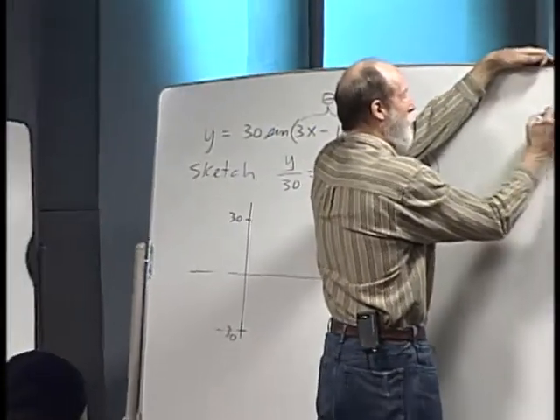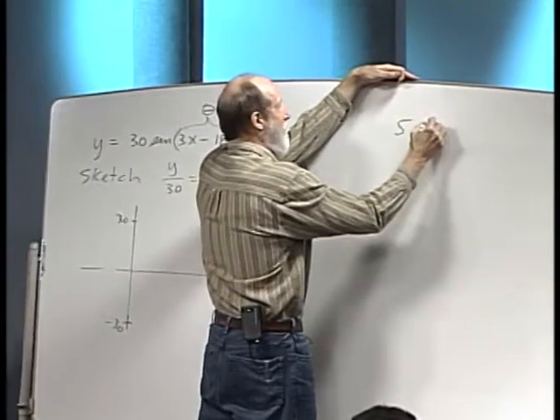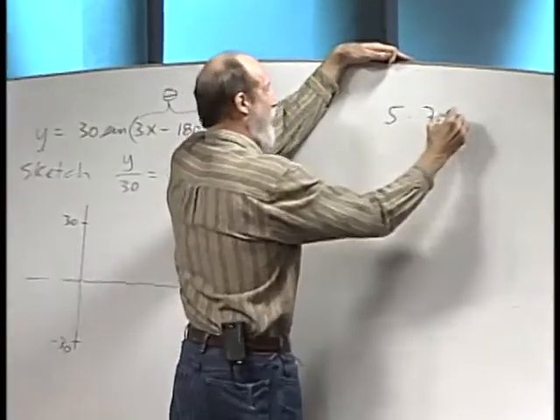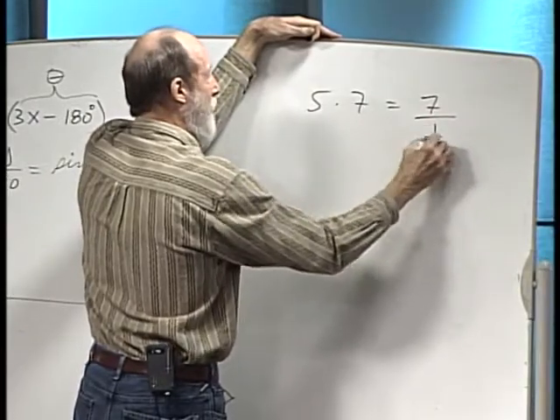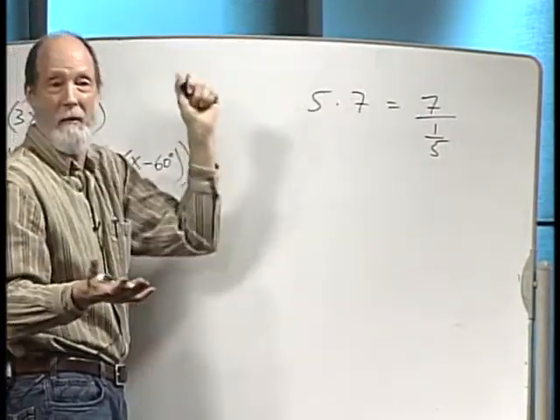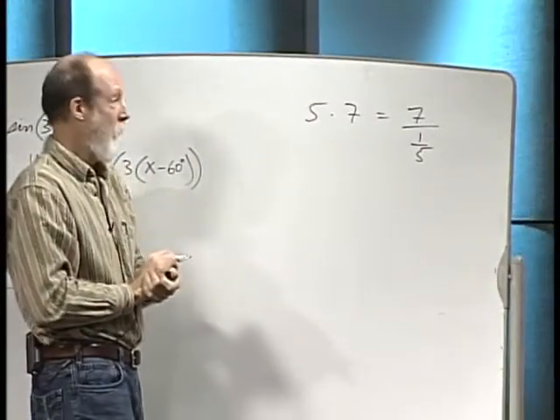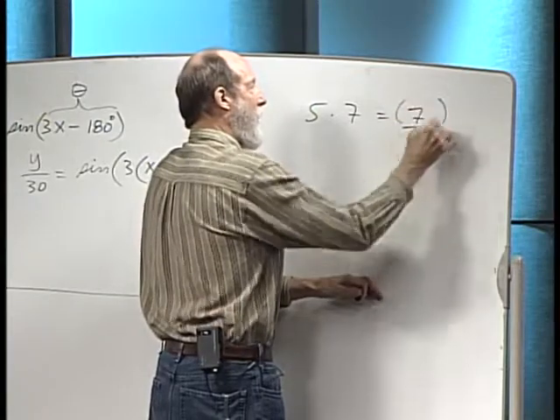Watch this. What if I had 5 times, say, 7? That's the same as 7 divided by 1/5. That's one little simple thing, okay? Invert and multiply, or the best way to clean this up is multiply.